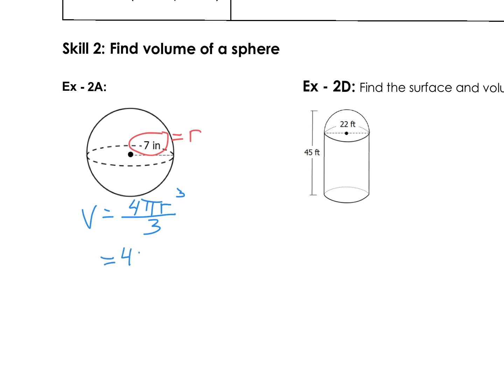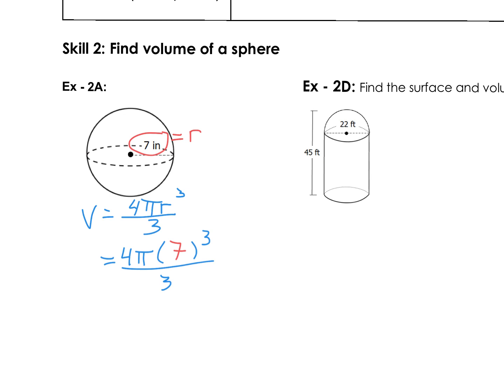All right, so I'm going to take 4 pi, and then I'm going to input my 7, cube it, and divide by 3. So the very first thing I'm going to do is cube my 7. So I'm going to take 7, raise it with my caret on my calculator to the third. I get 343. I'm going to multiply that by 4, and I get 1,372.